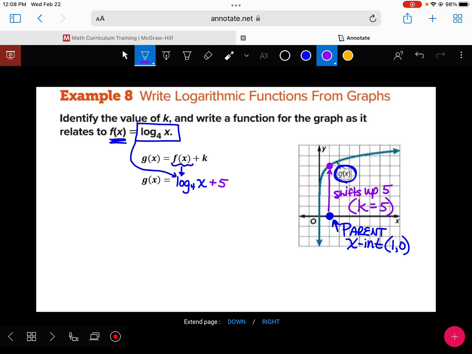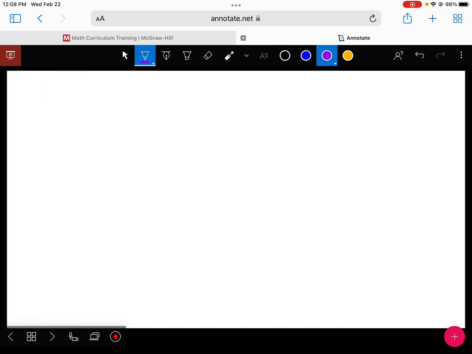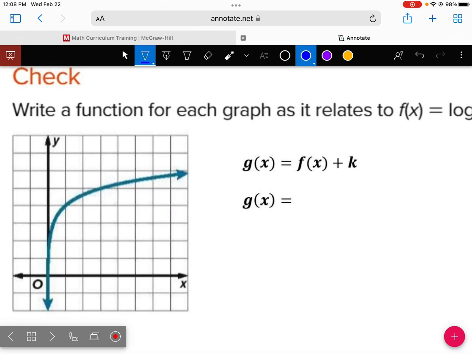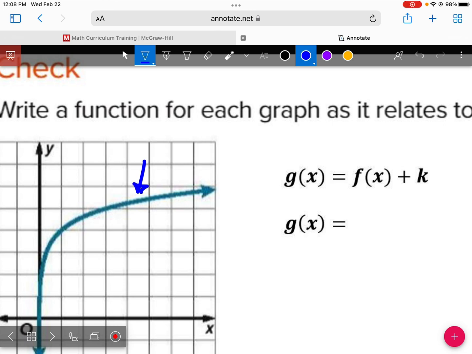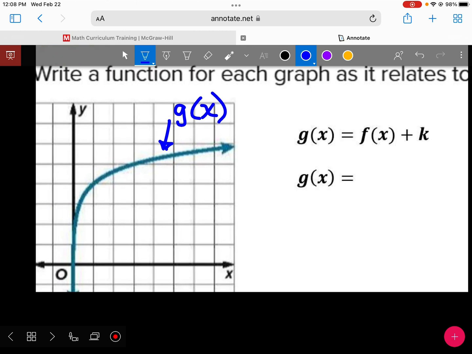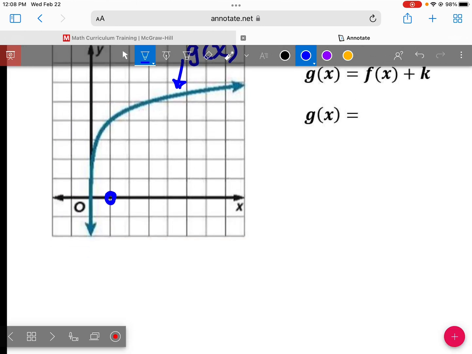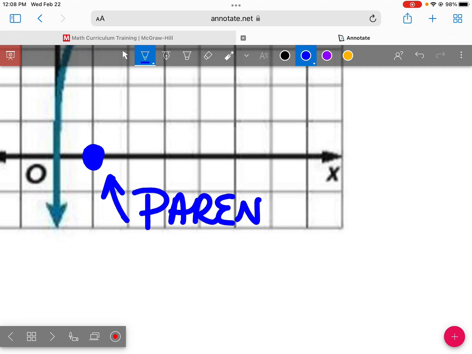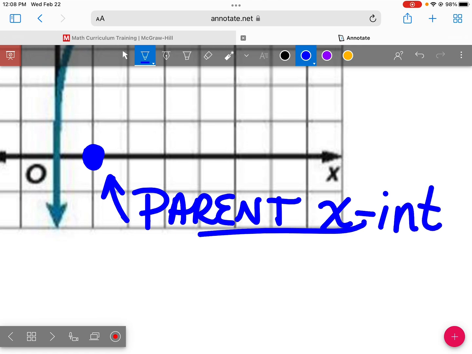Let's finish this last one out. This is the function g of x. That's what they've shown me a picture of. This is the parent x-intercept at 1, 0.